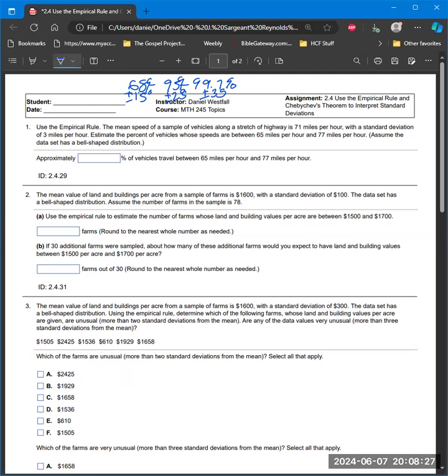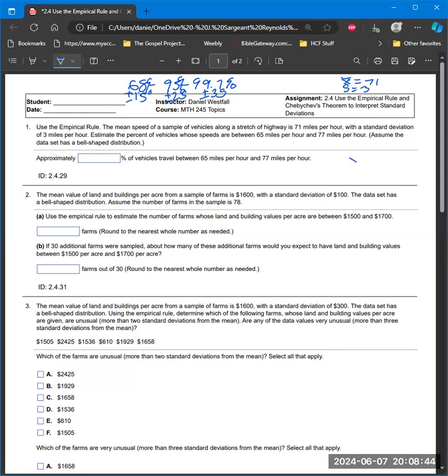The mean of a sample of vehicles along a stretch of highway is 71 miles per hour, with a standard deviation of 3 miles per hour.